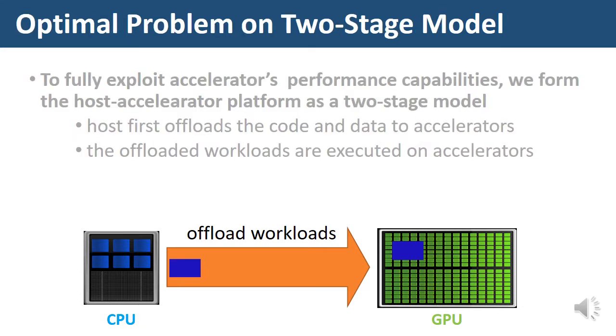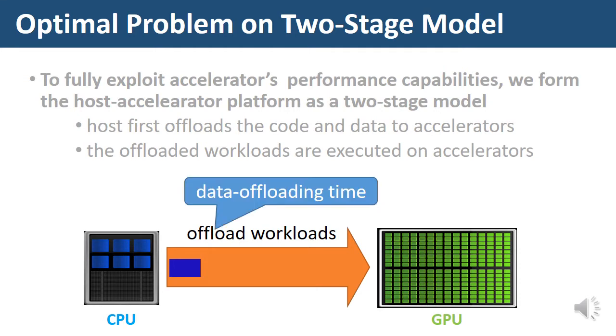In this paper, we are aware of two important factors. The first factor is the offloading time, the time spent offloading the workload from the host to the accelerator. The second factor is the execution time, the time spent executing the offloaded workload.